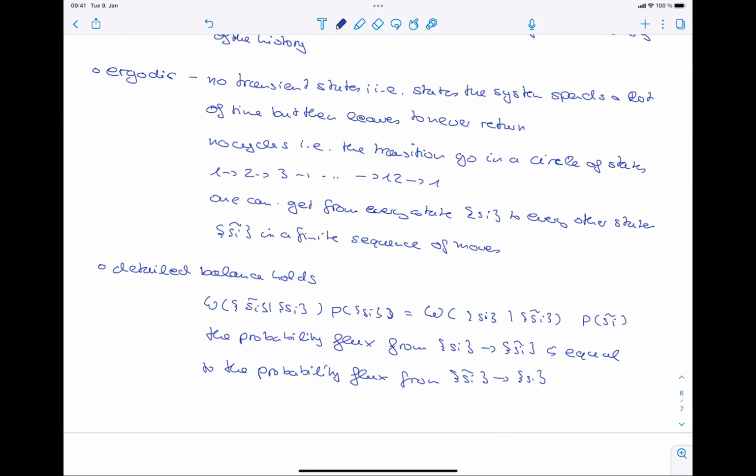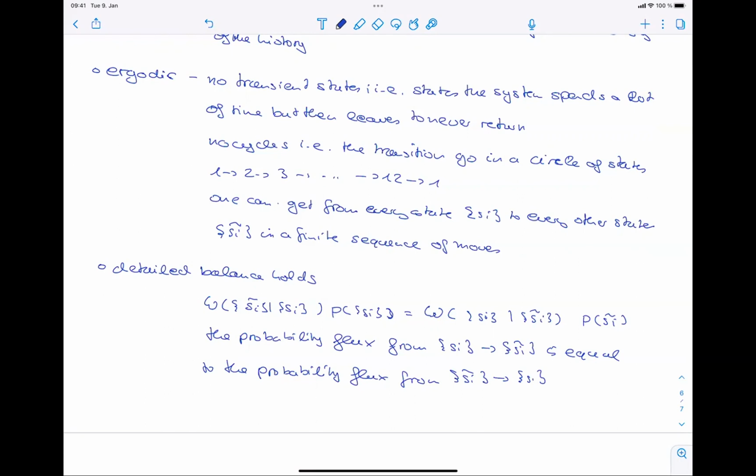Is it intuitive that the flux should be the same even if the state S tilde is much more likely? The probabilities of different states in the system can be highly different. That's the whole idea of why we do importance sampling. But I still have to be able to reach all these states.